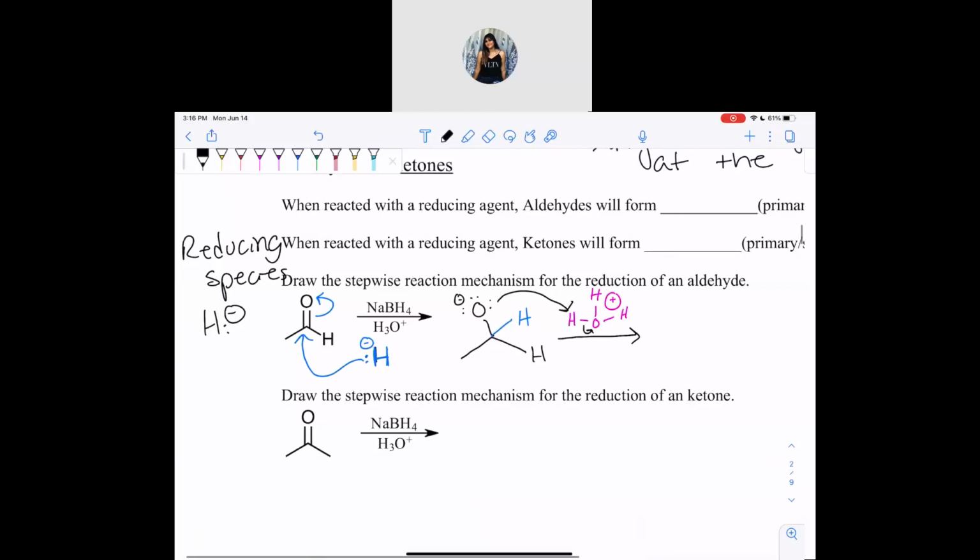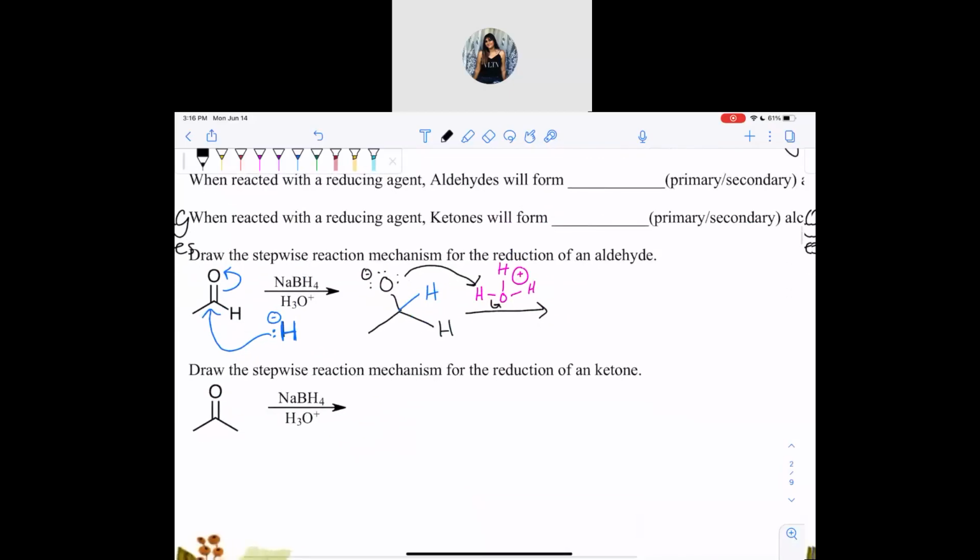So it's going to protonate the oxygen, and it essentially means it stole a hydrogen. So now it's back to 2 pairs of electrons. It has a hydrogen, and we can't forget the extra H that we just added there.